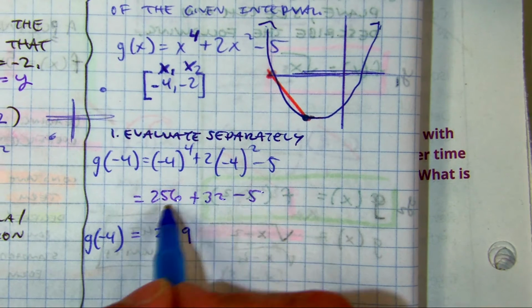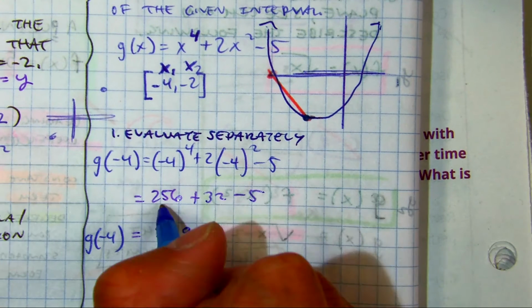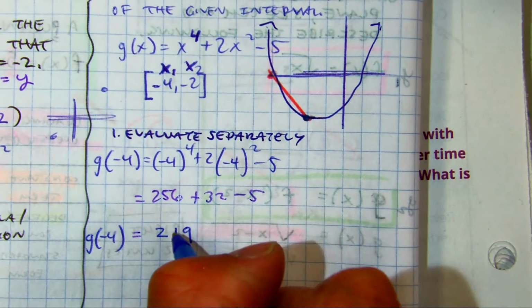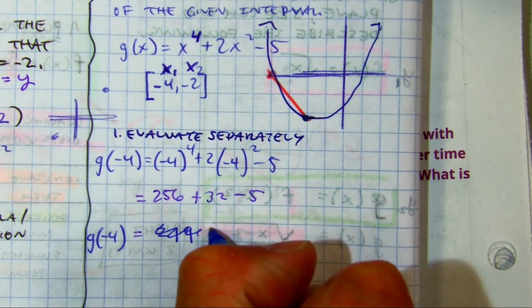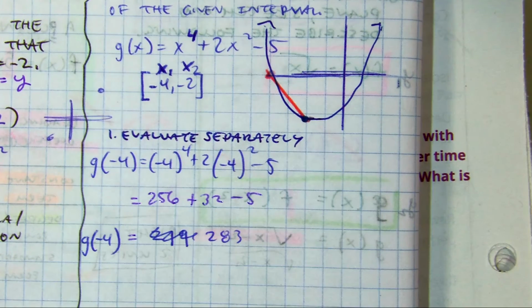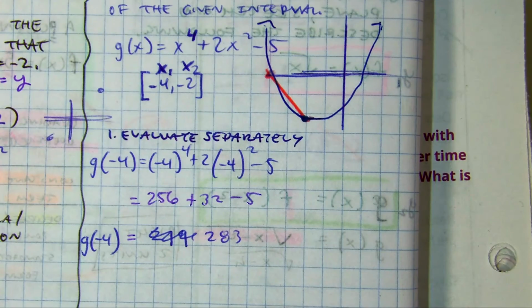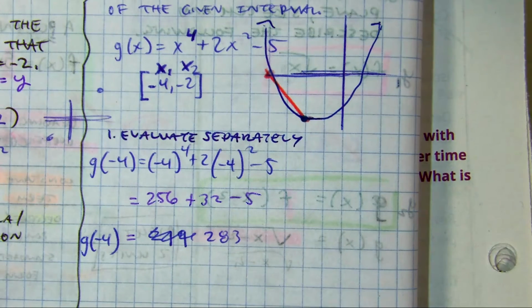Oh, I'm adding. What was it? 283. Thank you. Raise your hand if you got 283. Nice. Okay. So this is our first one.